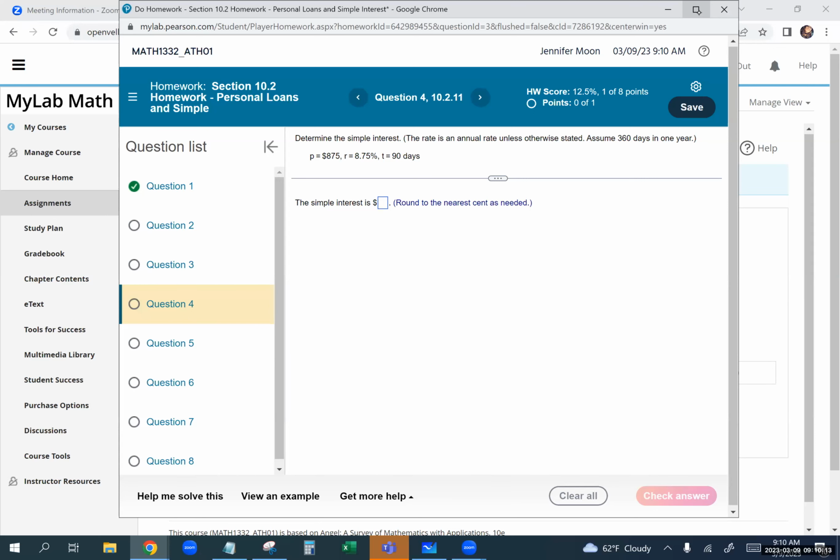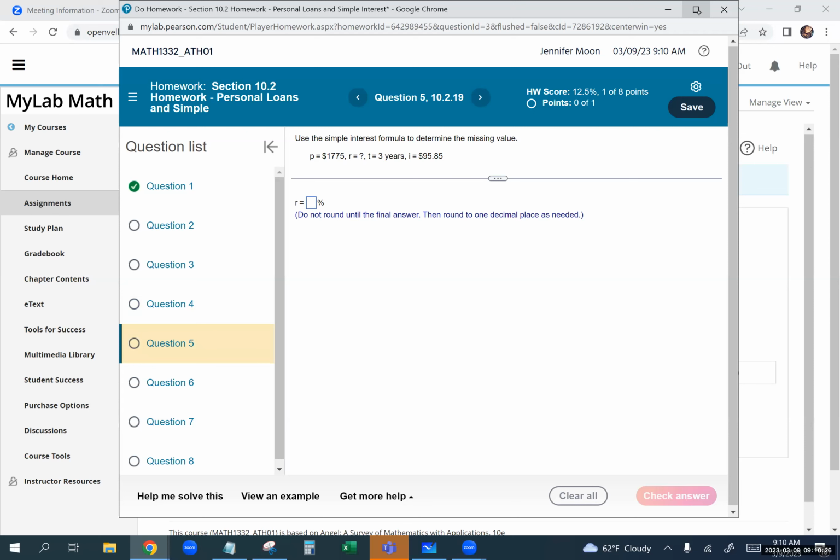Okay, so this one right here, you're solving for interest again. Pay attention to how time is shown to you, because there's a little fraction that you'd have to figure out what that decimal is. For rate, nothing gets moved here. You would use the variation that we have.